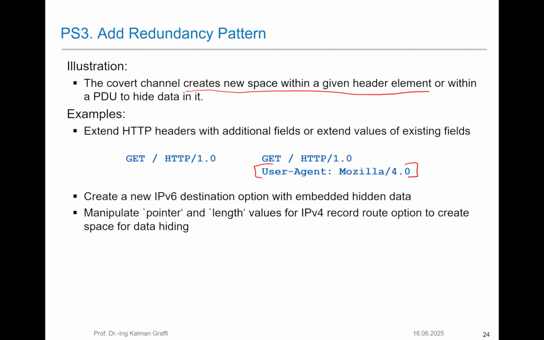You can basically, so while in the previous examples it was reordering, now it's adding more elements which are not needed. It's a little bit different because it really depends on the protocol, how well it deals with new optional fields.